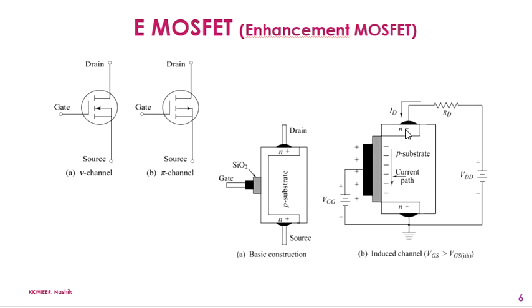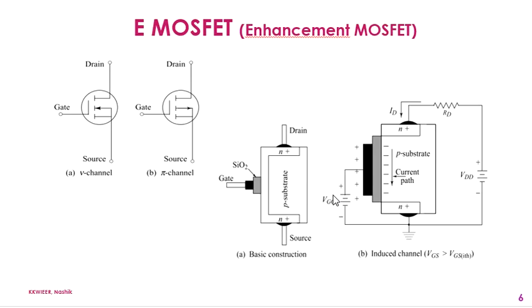Now we will see how this E-MOSFET works. For this N-channel device, when the insulated gate is made positive, that means this VGG or again VGS, the gate to source voltage, is connected in such a way that the positive terminal is connected to the gate and the negative terminal is connected to the source.